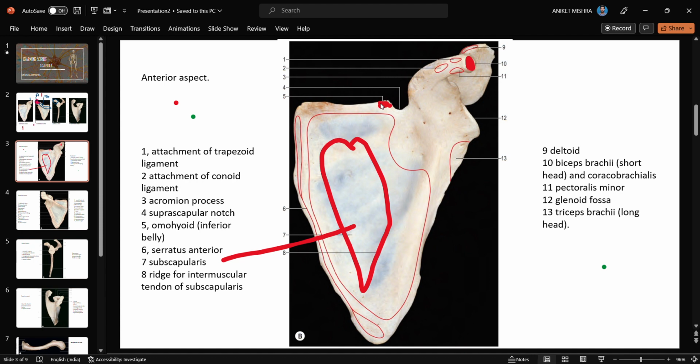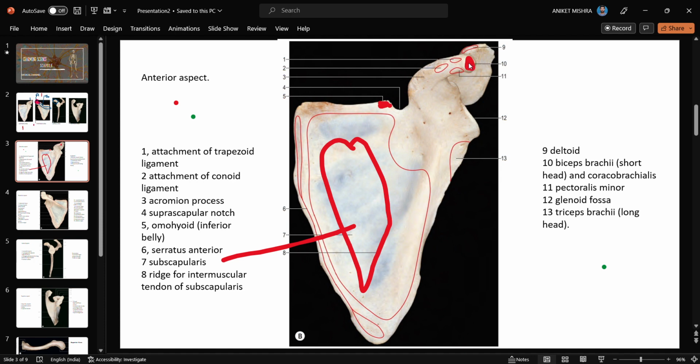When we are going to see about the other thing, first of all, the coracobrachialis and the short head of the biceps brachii arise from the medial part of the tip of the coracoid process. So this one is the coracoid process and this is the tip of the coracoid process.